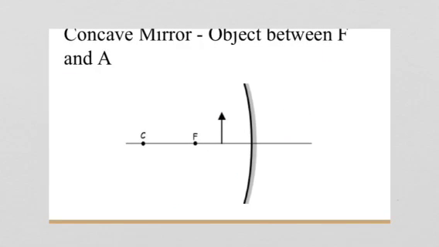Next one. This is particularly an interesting one. Now, our object is located between F and A, the vertex.